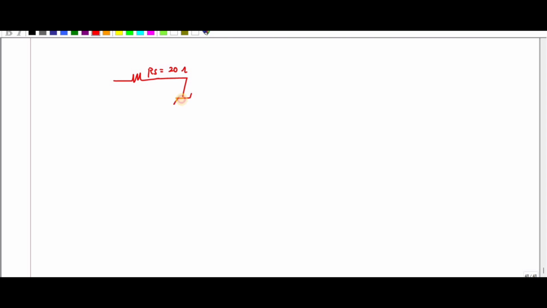Next, let us discuss another problem on a Zener diode. Here they have given RS is equal to 220 ohm, and this is your Zener diode, and the VZ value is 18 volt, and RL is equal to 200 ohm.